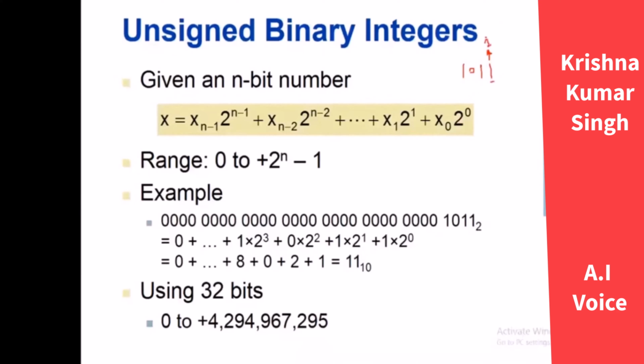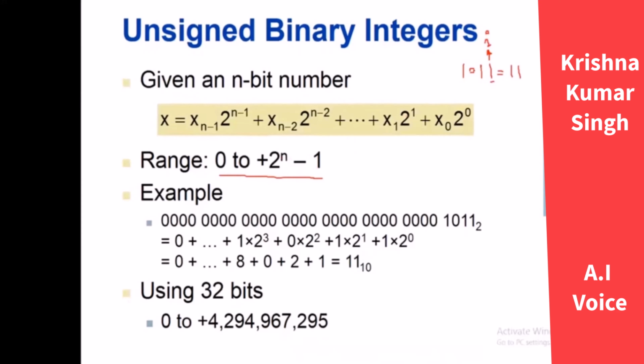In order to convert it back to decimal notation, you should add them. These are 1, 2, 4, 8. So 8 plus 2 plus 1 is 11. So this is the number 11.